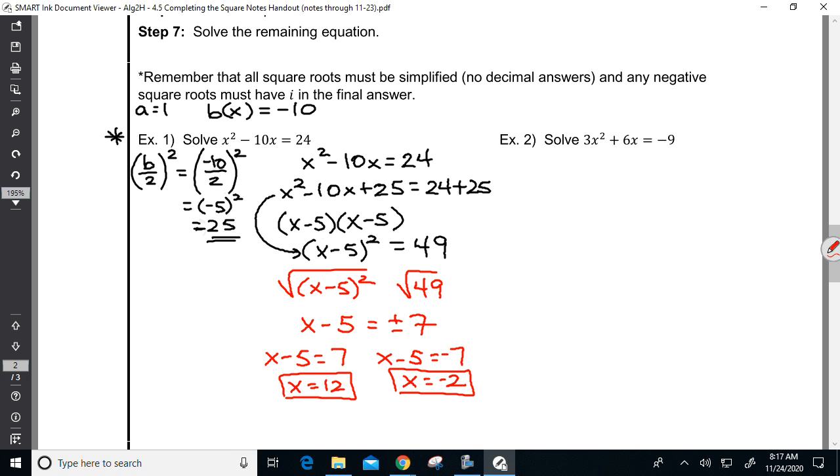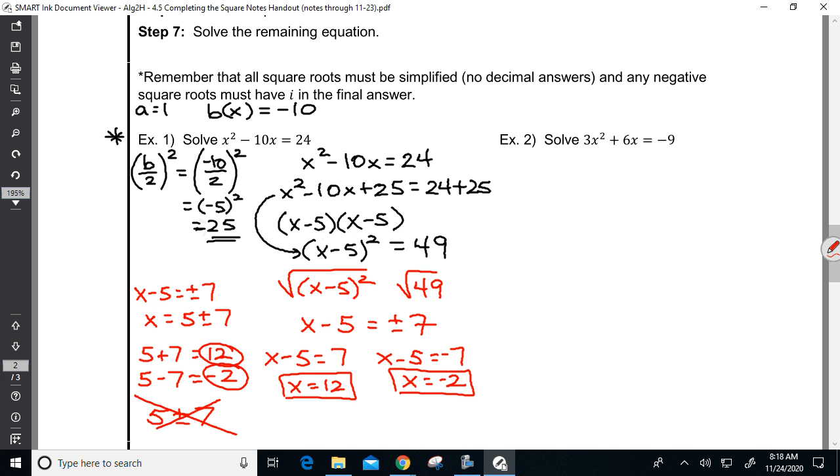Now, if you had the equation like this, and you just added the 5 over to make it 5 plus or minus 7, you still have to do the same thing. 5 plus 7 is 12. 5 minus 7 is negative 2. Do not leave it as 5 plus or minus 7.